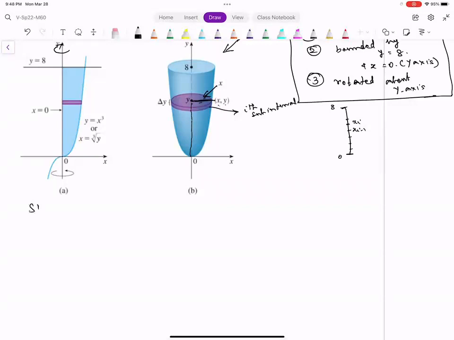So first step, consider the disk, the cross section. It's a disk at a distance y from the origin.